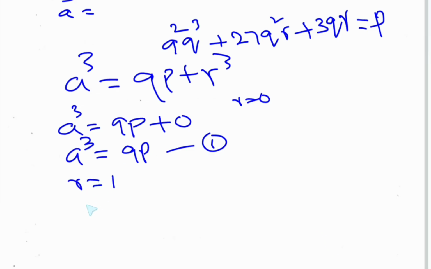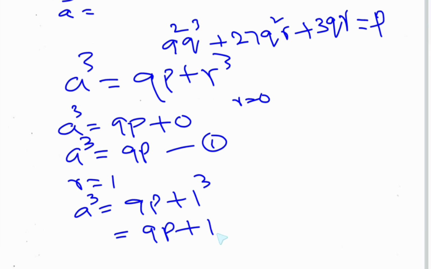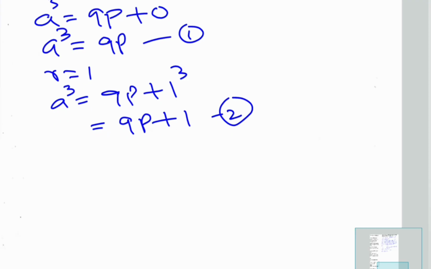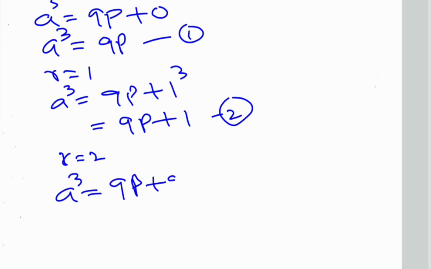The second one, r equal to 1. If you substitute r equal to 1, a cube is equal to 9p plus 1 cube, which equals 9p plus 1. This is equation number 2. Now if you take the value r equal to 2, a cube is equal to 9p plus 2 cube, which is 9p plus 8. This is number 3.